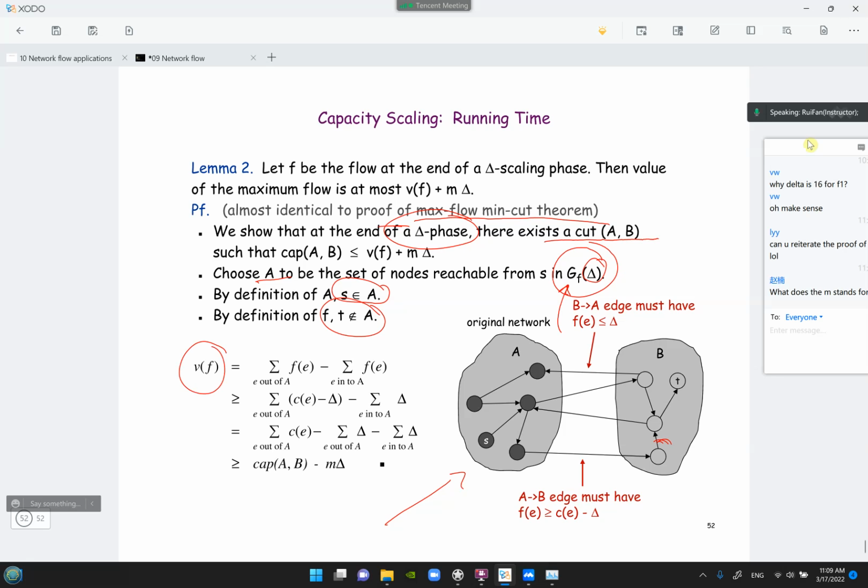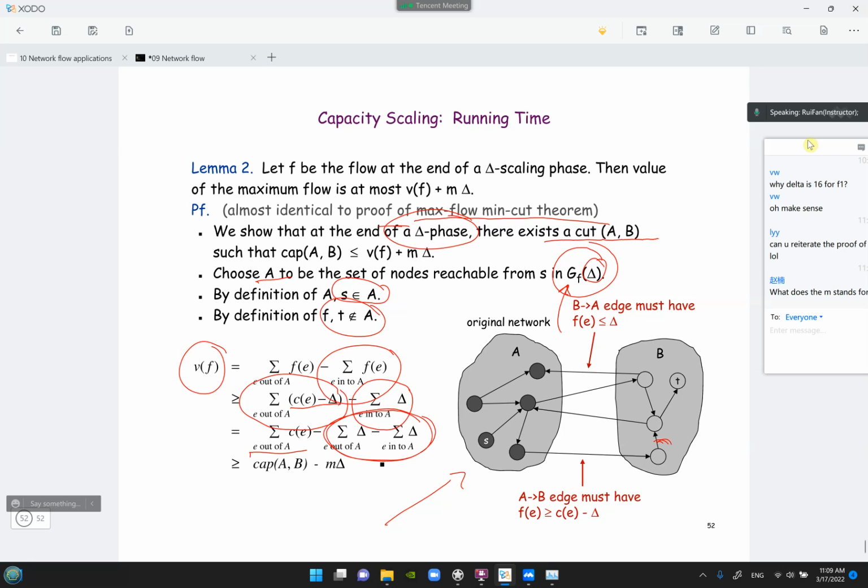The definition of the flow is everything out of A minus everything into A. For everything going out of A, the flow is at least the capacity minus delta, and for everything going into A, the flow is at most delta. So then we can just combine everything. You can do some math over here. This is equal to everything out of A minus this thing over here.